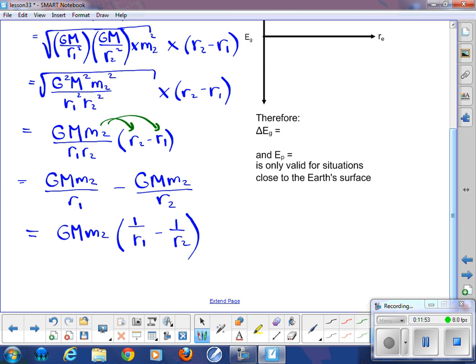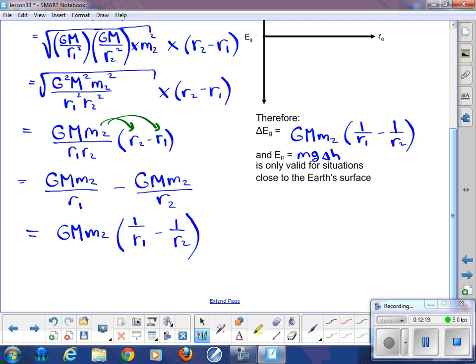All right, so there is our formula for the gravitational potential energy. Over here where it says therefore, the formula we're going to use is GM m2 times 1 over r1 minus 1 over r2. And what that does is it replaces mgh.